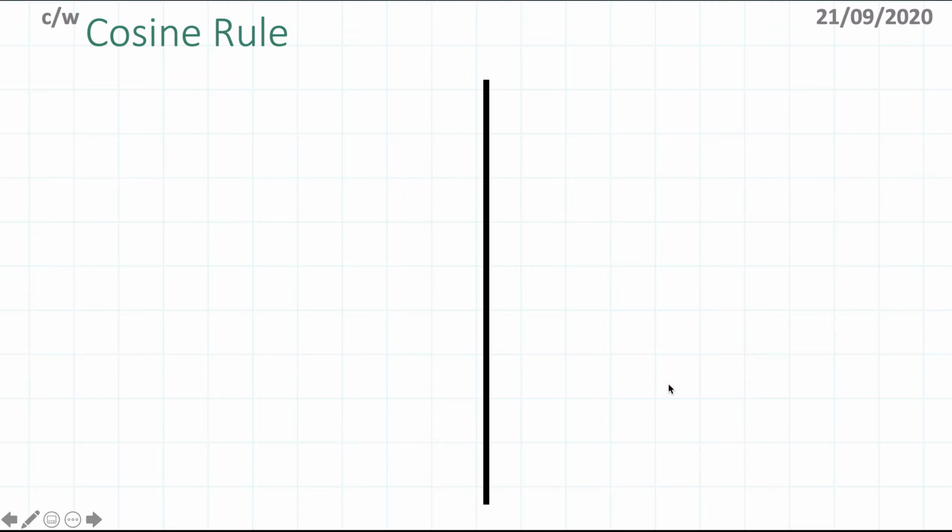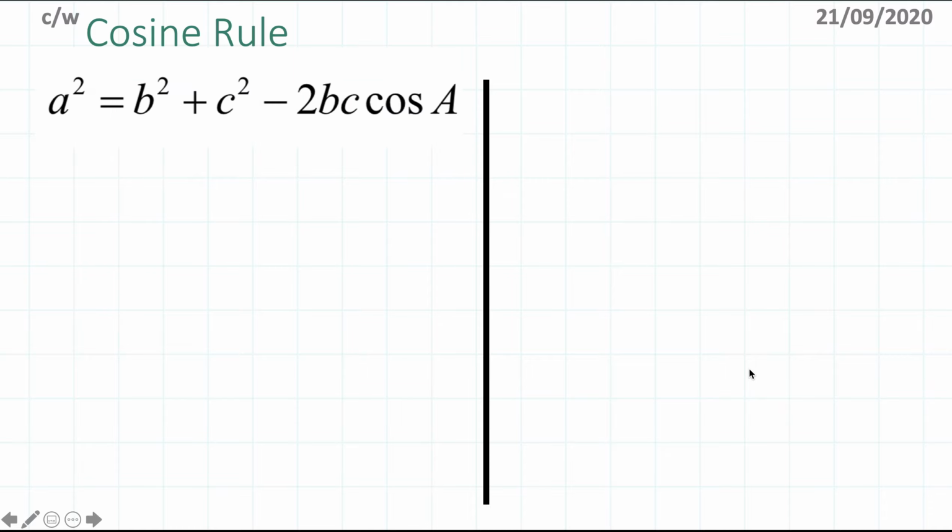And I'm just going to show the main important thing that you need to note in each form. So this is the first form. And the first thing you need to notice is the A in here. So if A is the missing length you need to find, then the cosine has to be the angle opposite to it. So you need to make sure that you match these.